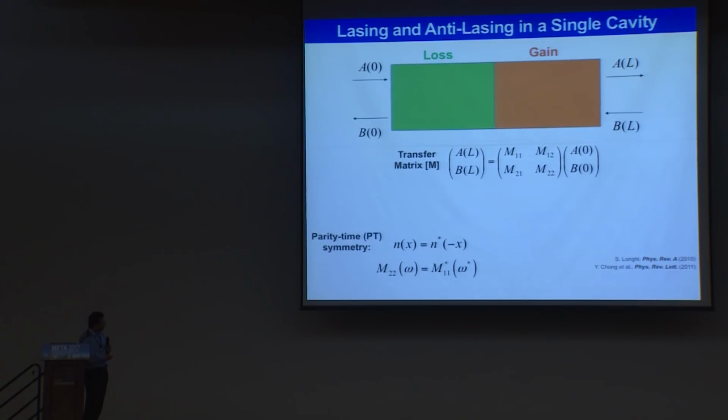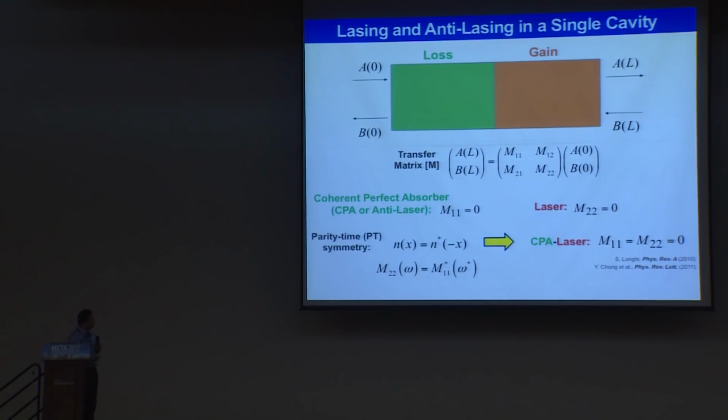And so M22 equals M11. If you use this condition and plug it into the Helmholtz relation, you will find that when you require one of them, let's say you require a laser, that will automatically be a coherent perfect absorber as well. So laser and anti-laser should coexist under parity-time symmetry.